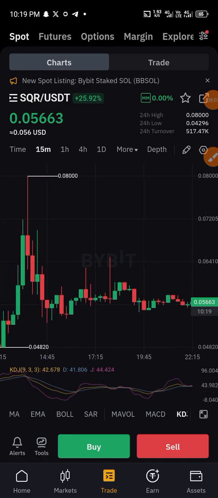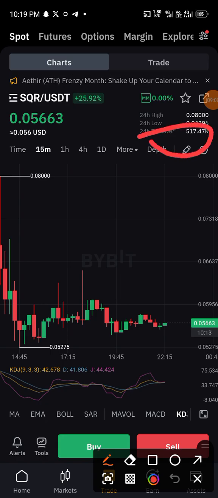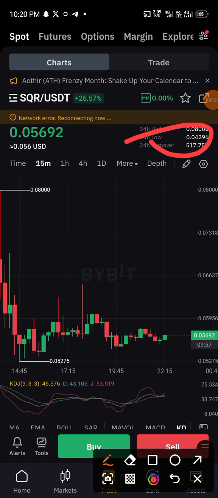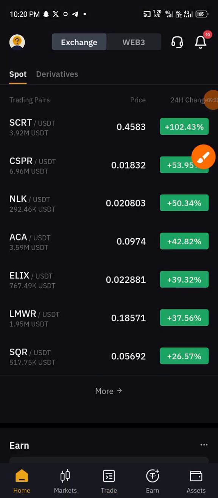I would love to trade this SQR because its 24 hours turnover is still low, and it's going to triple in the nearest time. So what should I do? I just need to trade this for some time and see what exactly I'm going to earn from it, because looking from here, it's going to take a beautiful move soon. So that is it for here.